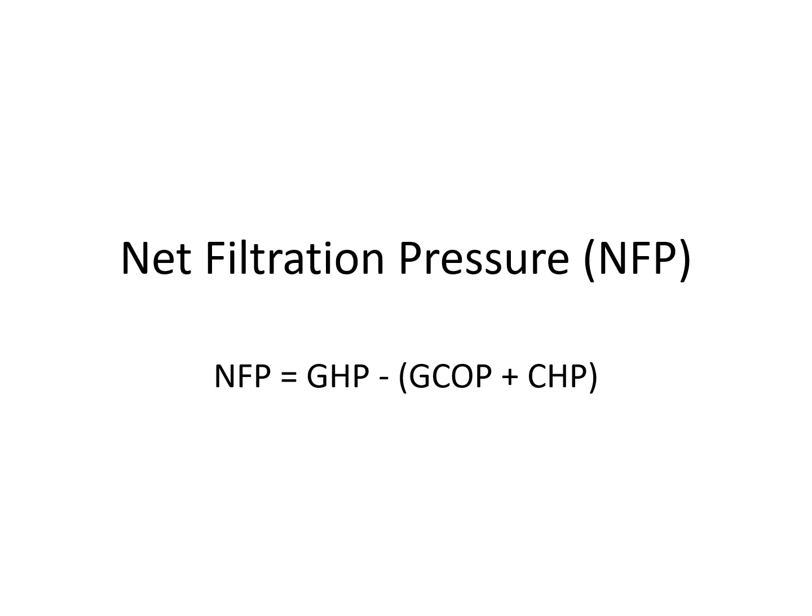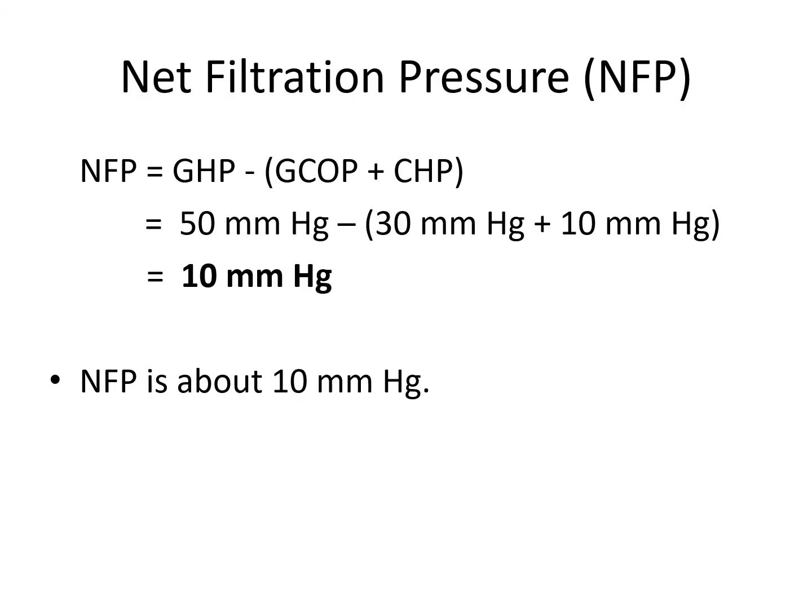It's equal to the glomerular hydrostatic pressure minus the sum of the glomerular colloid osmotic pressure plus the capsular hydrostatic pressure. We input the numbers, and what we get is what we calculated before. 50 minus 40 is 10 millimeters of mercury. It's a positive number, and that positive number reflects that filtration is occurring. So the net filtration pressure is about 10 millimeters of mercury.